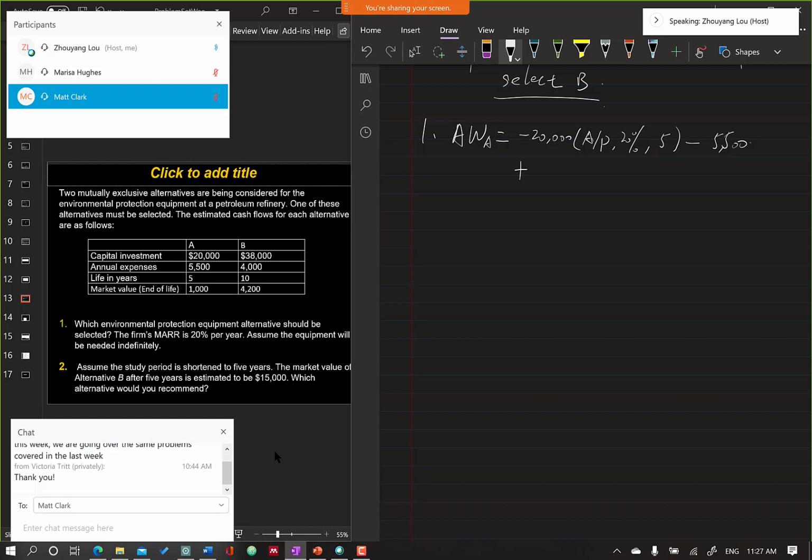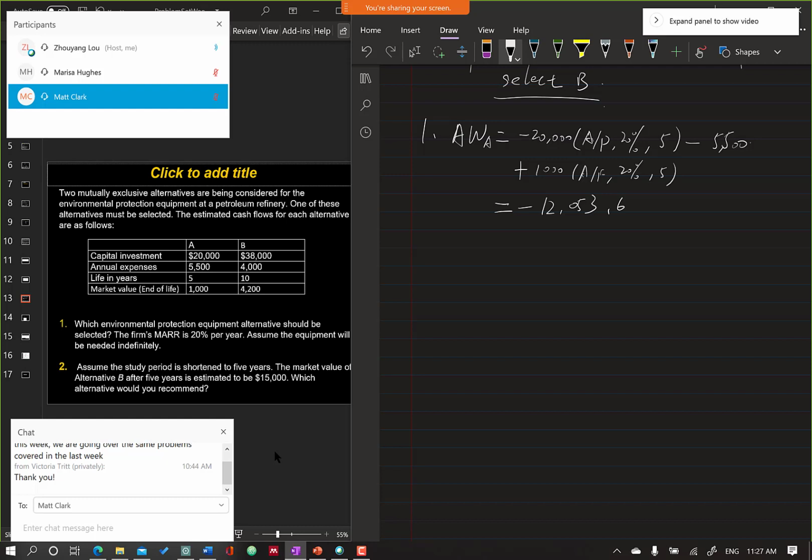And then the last piece is the market value. The market value is positive, and we want to convert that to the annual worth. Because the market value is at year 5 for A, the end of life, we are given the future value and finding the annuity at 20%, 5 years, and then we will have minus 12,000 and 53.6.